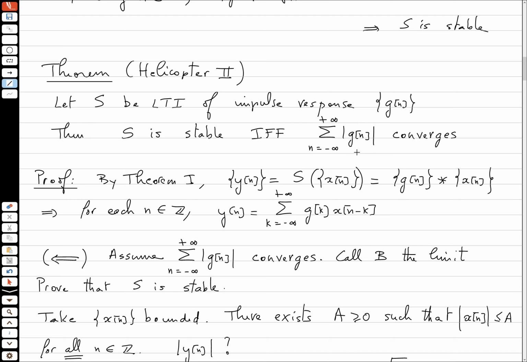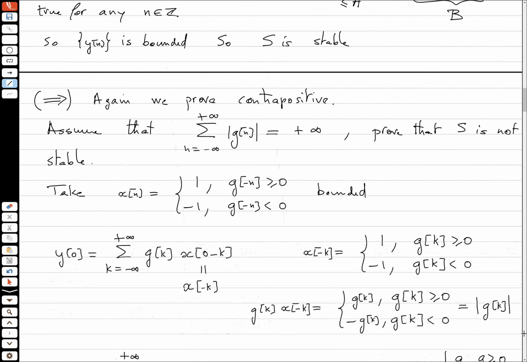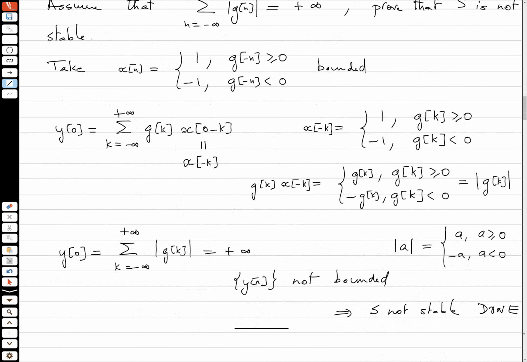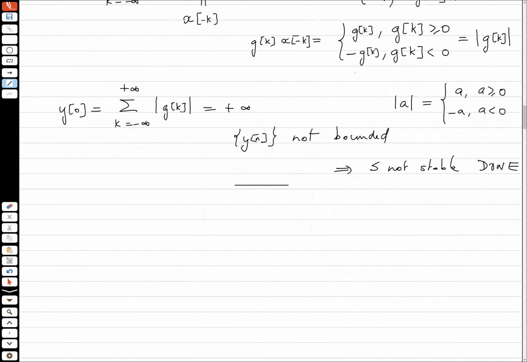You have to perform the summation of the impulse response in absolute value and see if it converges or not. So there's more calculus work. And if you use helicopter 2 when there's no helicopter, it will hurt you. For helicopter 1, I didn't give examples because it was too easy, but for helicopter 2, I will give examples.